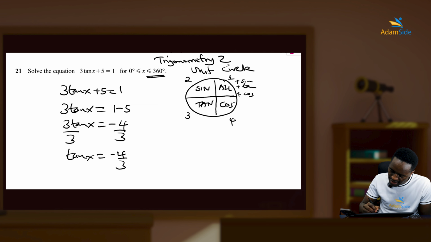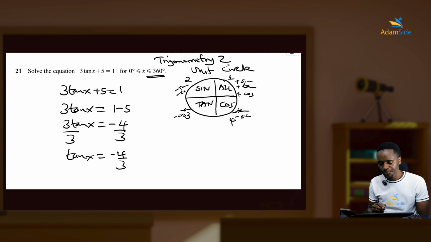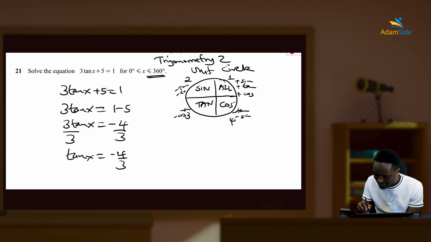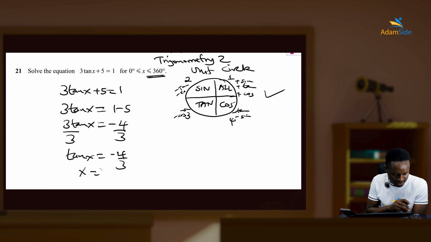In the second, sine is positive, but tan and cos are negative. In the third, tan is positive, but sine and cos are negative. In the fourth, cos is positive, tan and sine are negative. Knowledge of the unit circle is very, very important. And then, to get x, we say tan inverse.